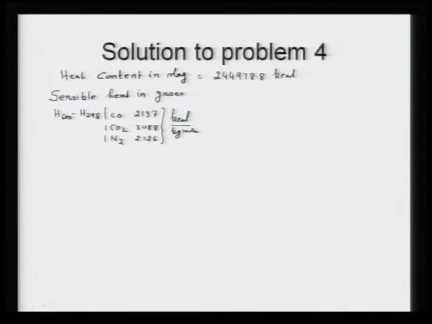So, all that we now have to subtract, and the sensible heat in gases will be equal to 479.18 into 10 to the power 3. You have to multiply 2137 by the moles of CO and so on, that you will get, this is the heat which is taken away by the gases.